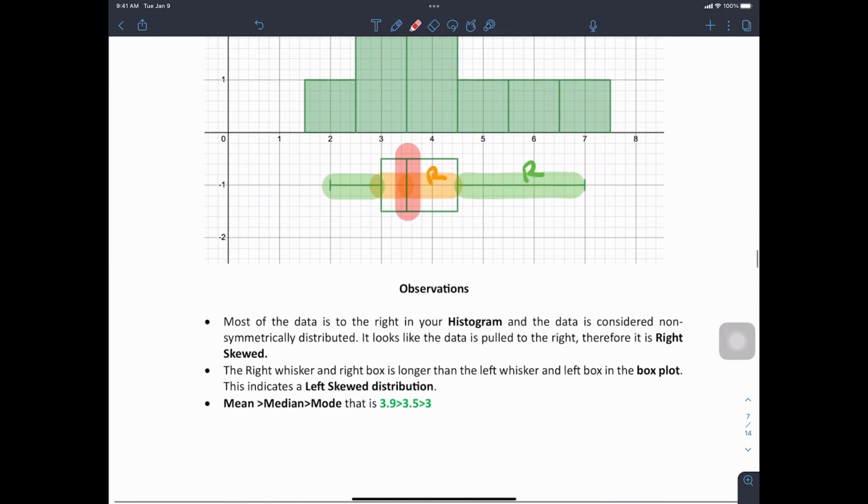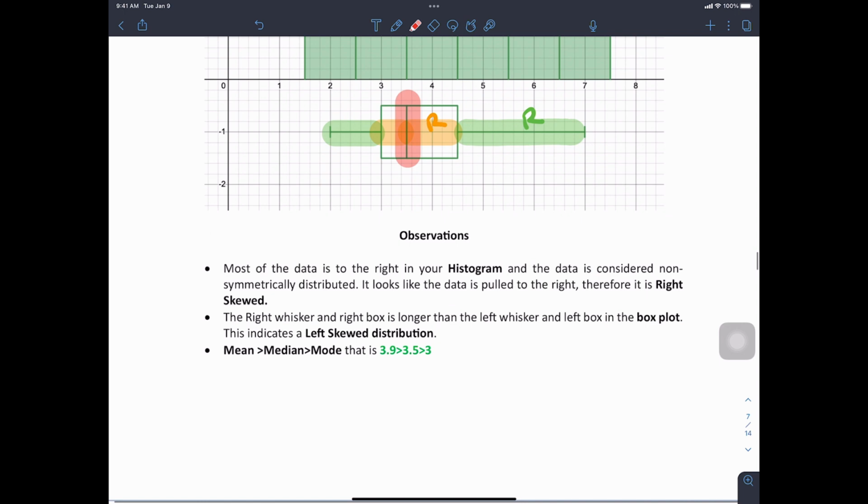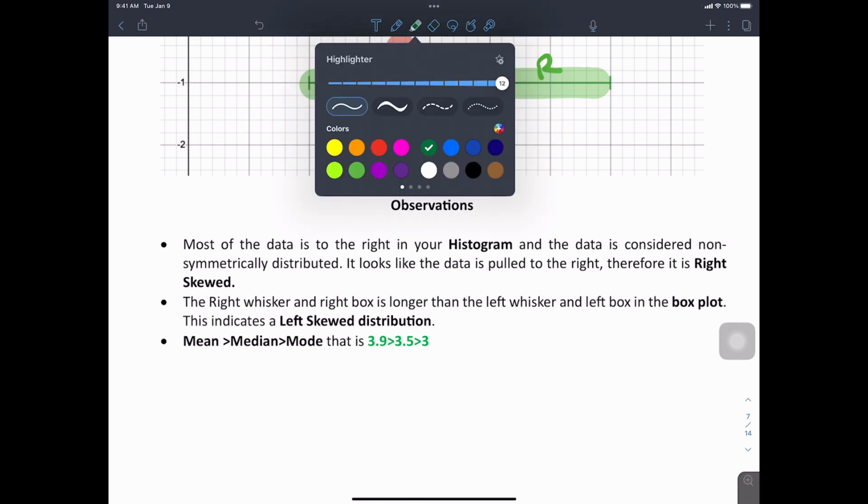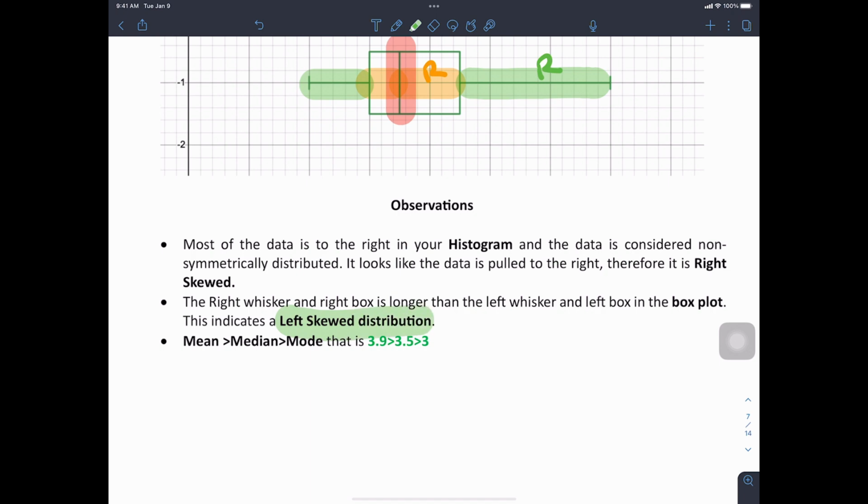Right skewed data. Now, I do have the summary of the observations as well, saying most of the data is to the right in your histogram, and the data is considered a non-symmetric distribution. It looks like the data is pulled to the right, therefore it is a right skewed situation. The right whisker in the right box is longer than the left whisker in the left box in the box plot. This indicates a what? A left skewed distribution.